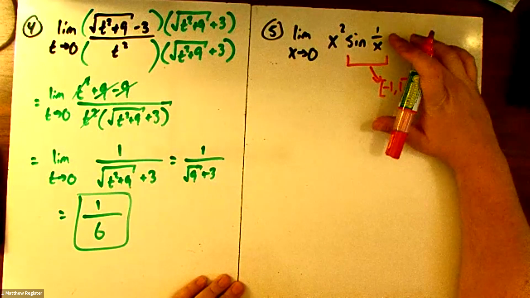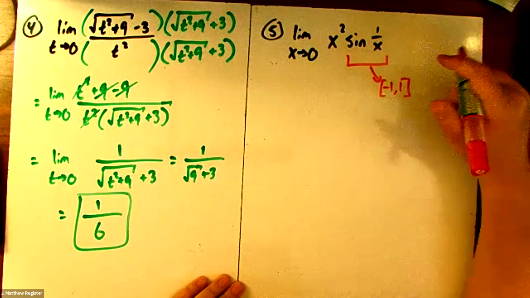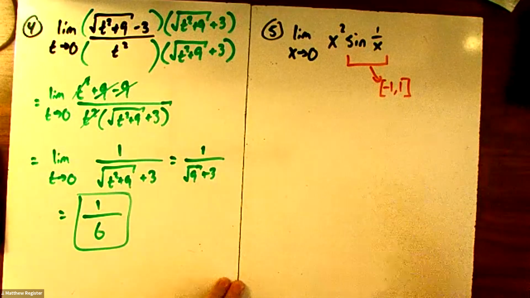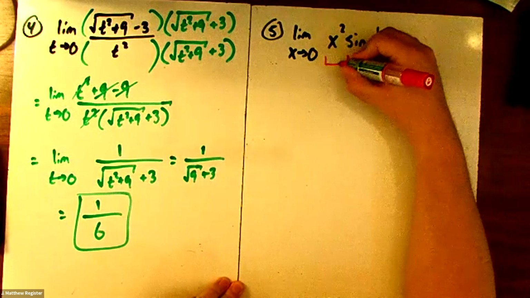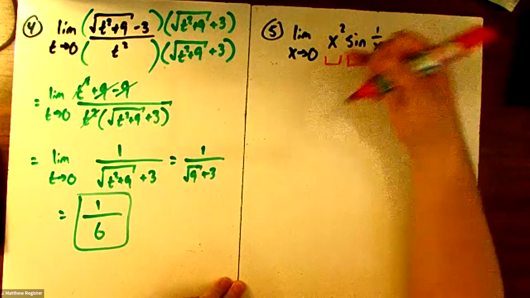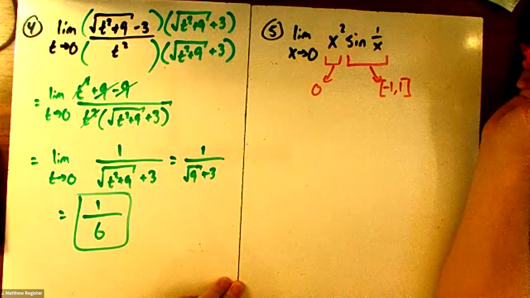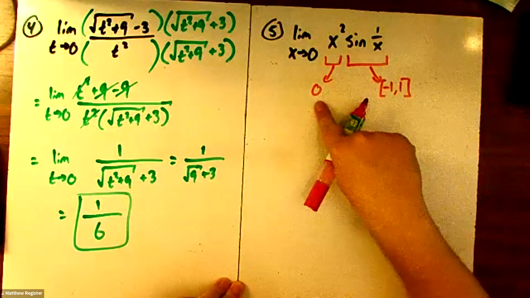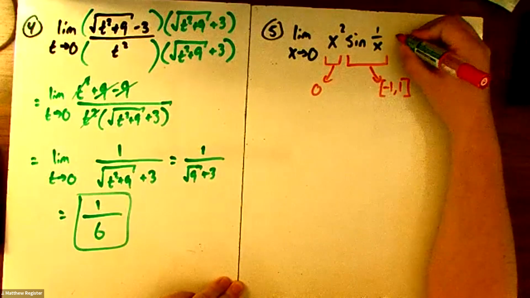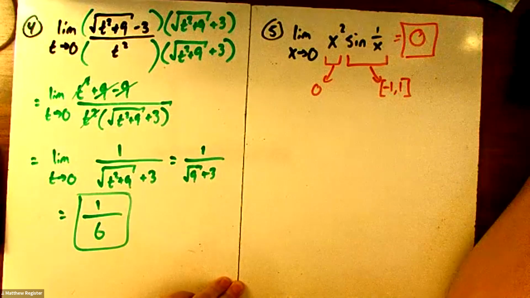And as we get to 0, this is probably going to be looking fairly chaotic, but it's going to be bouncing back and forth between -1 and 1. What happens to the x squared, though? Well, x squared is going to give us 0. What is 0 times anything between -1 and +1? And there's our answer.